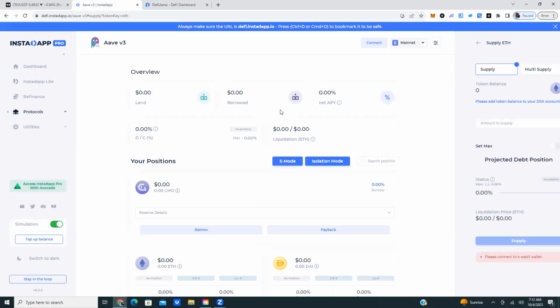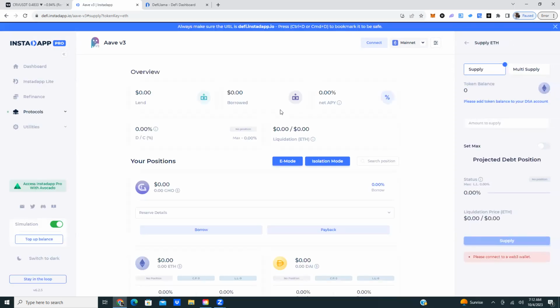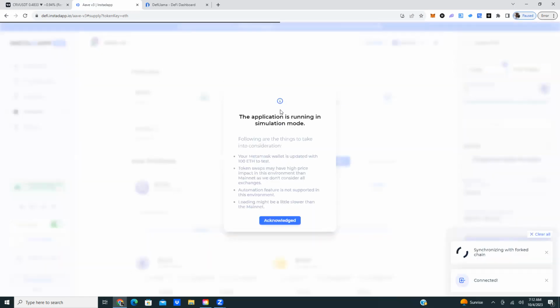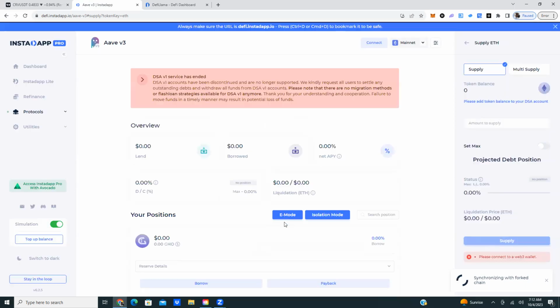Let's get those tokens deposited. Still in simulation mode.